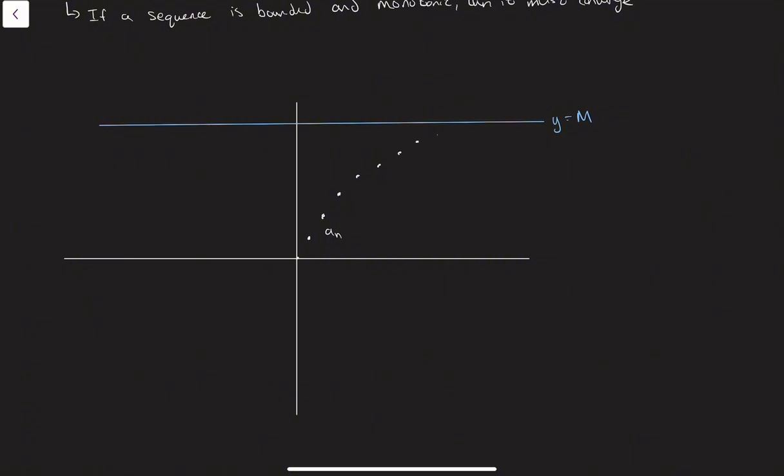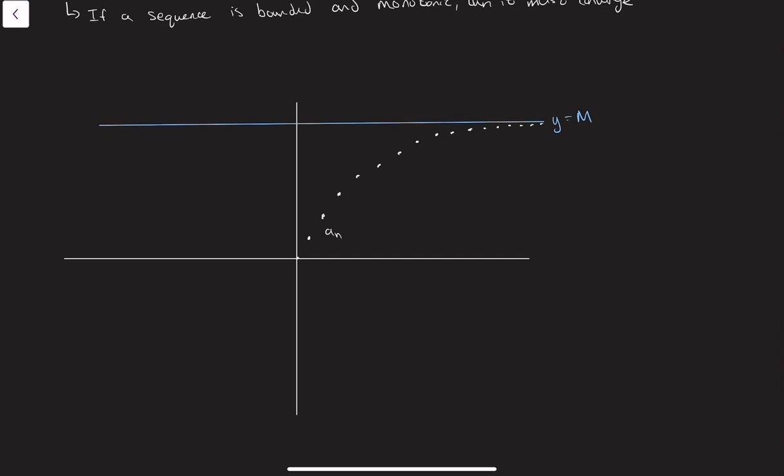Well, if it's increasing forever, but it's bounded on top, it's just going to approach the value of this bound because it must keep increasing, but it can never touch that bound. Or it could touch that bound and never get higher. Usually speaking, it can never get to that bound, almost like a horizontal asymptote. It will continue to approach that point, but it will never touch that point. Then we say it is bounded and monotonic.